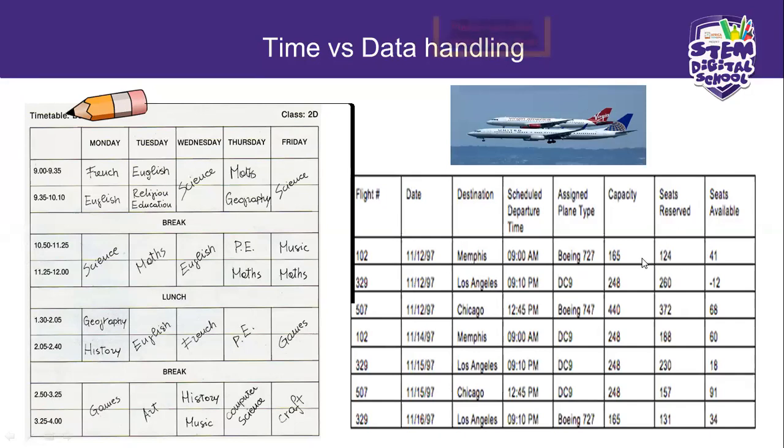So can you tell me now, if the plane can take 165 people and already 124 people have reserved their seats, so how many seats are available? How many seats are remaining?